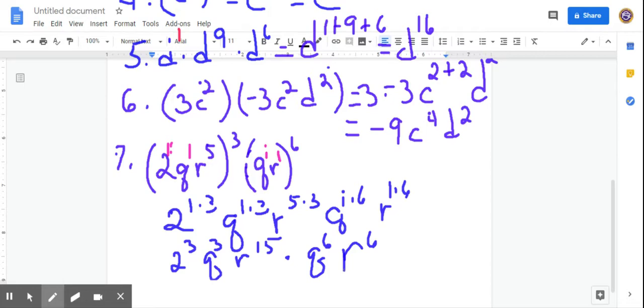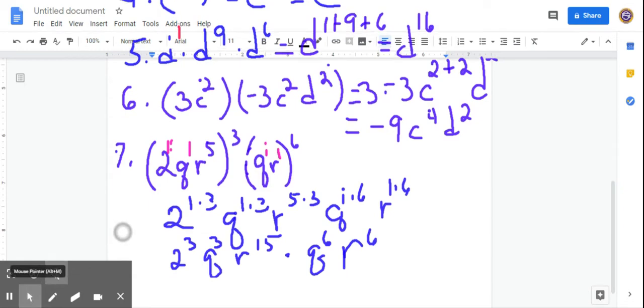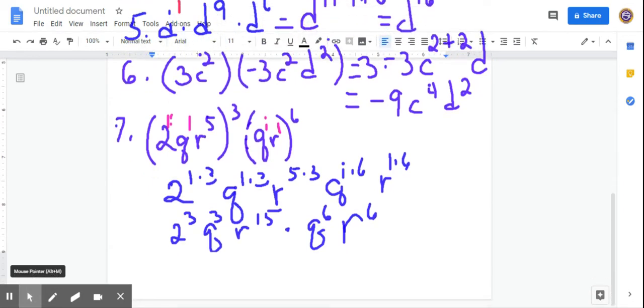So now if you're looking across, you can see that you have like bases here, so you're going to be able to simplify this even more. Okay, so you're going to take 2 cubed and get 8. Then you have your q with a 3 exponent and with a 6 exponent.